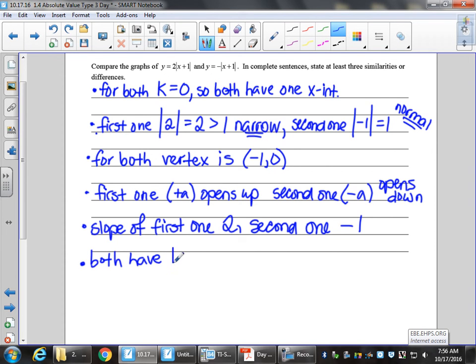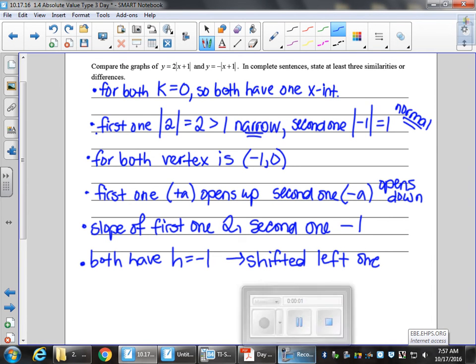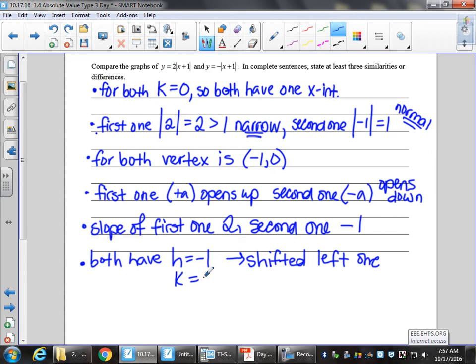What kind of shift is that? Shifted left 1. And the fact that k is 0 means what about vertical shift? No vertical shift. So if you wanted to technically add that to this one, both have k equals 0. No vertical shift.